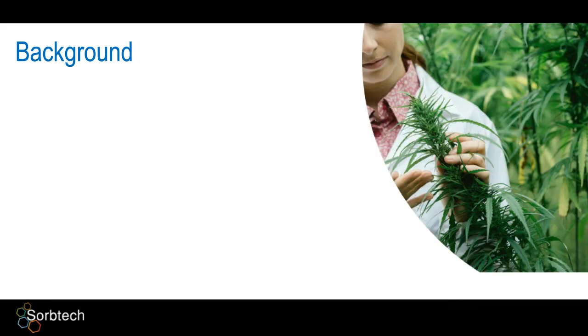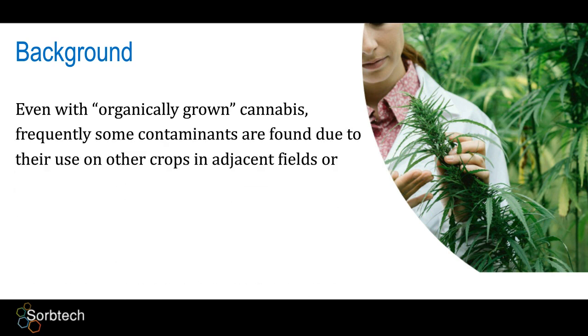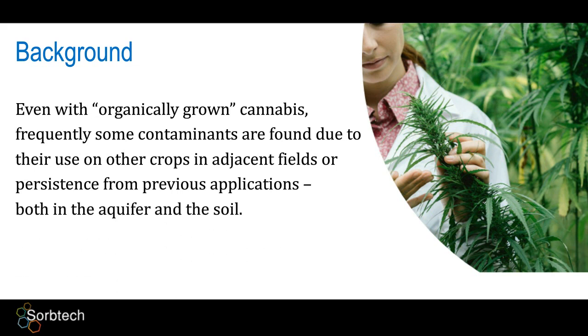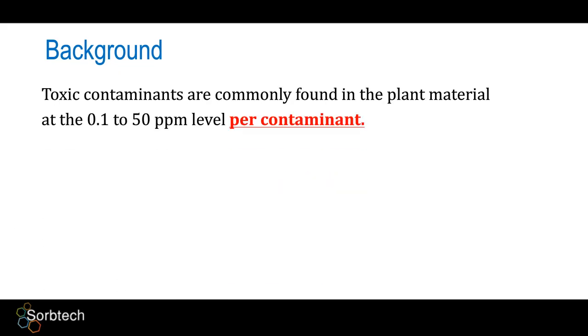Even with organically grown cannabis, frequently some contaminants are found due to their use on other crops in adjacent fields or persistence from previous applications, both in the aquifer and in the soil. So, toxic contaminants are commonly found in the plant material at the 0.1 to 50 ppm level per contaminant.